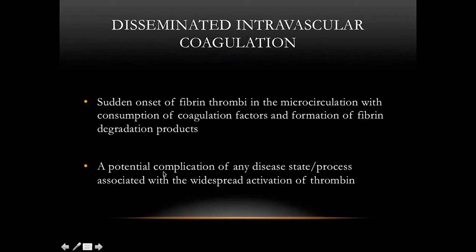So this is a potential complication of any disease process associated with widespread activation of thrombin. So this is not a single disease, but a process, a part of the complication of any disease process.